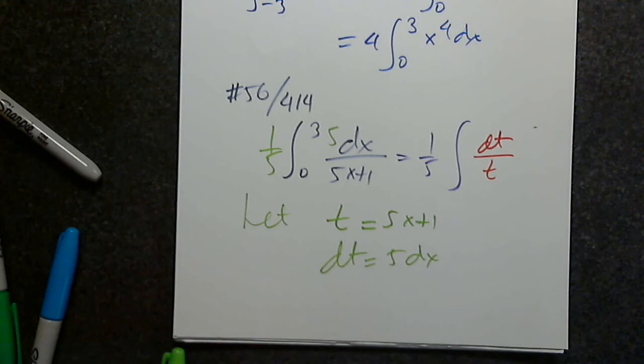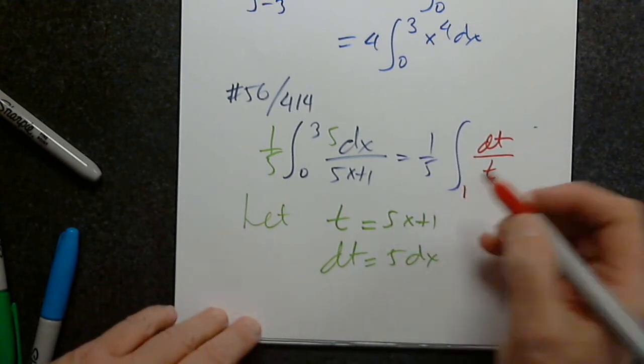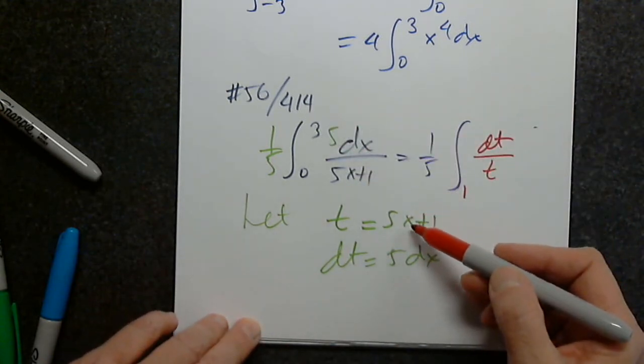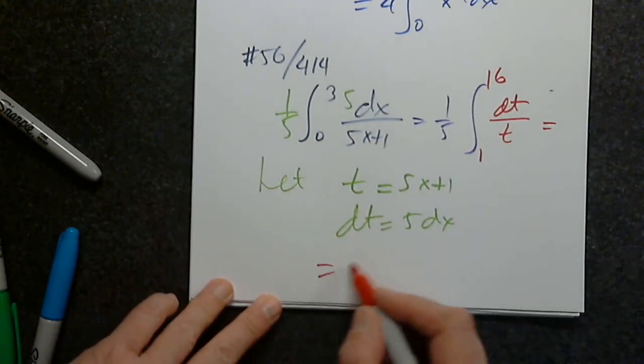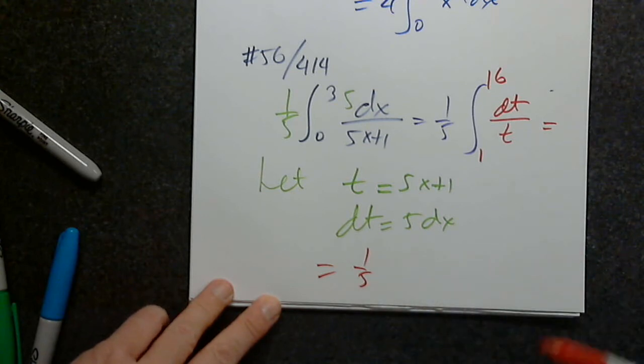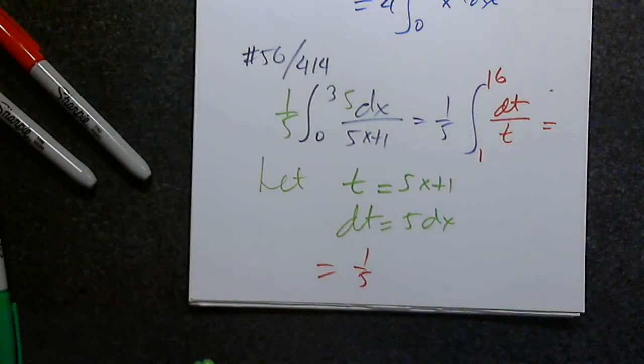dt over t. And now the limits of integration, please. When x is 0, how much is t? Perfect. When x is 3, how much is t? Excellent. So finally 1/5. What function has 1 over t as its derivative?